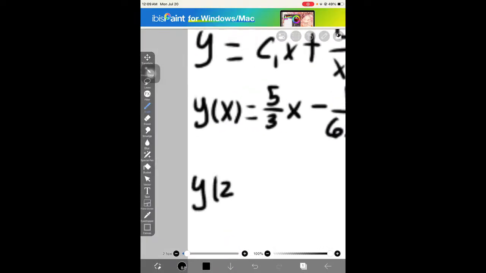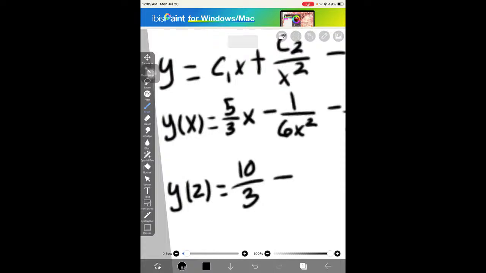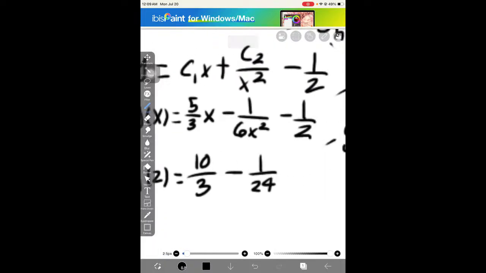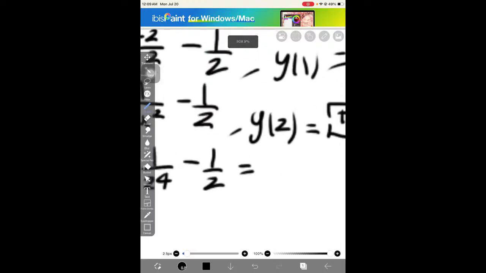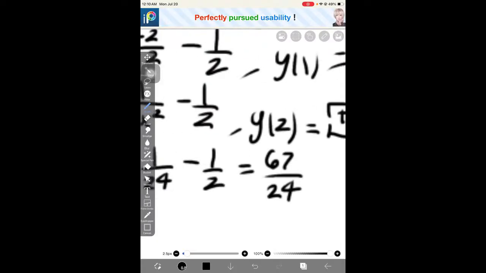So y of 2, that's gonna give us 10 over 3, and then minus 1 all over 24, since 6 times 4 is 24, then minus 1/2. What does this subtract to? I think it's 67 all over 24.